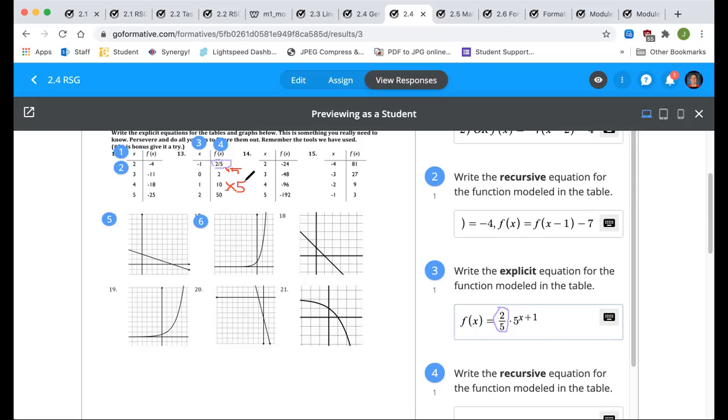Now you can actually tell what it says, right? It's multiplying by 5. So there's where that 5 comes from. And then again, since we're starting at negative 1 here, that's what makes this become a plus 1. Just like in number 1, we started at 2, it was x minus 2. Here we're starting at negative 1, so it's x plus 1.